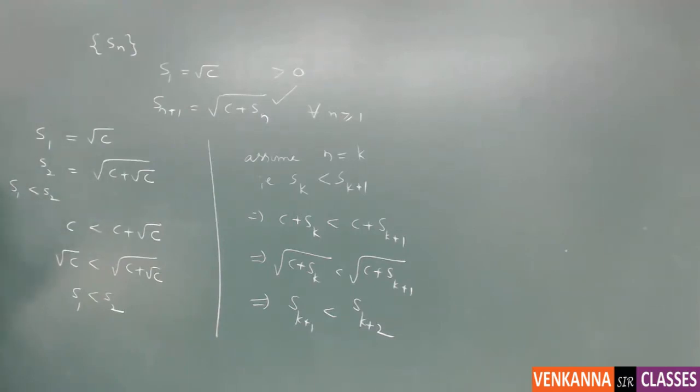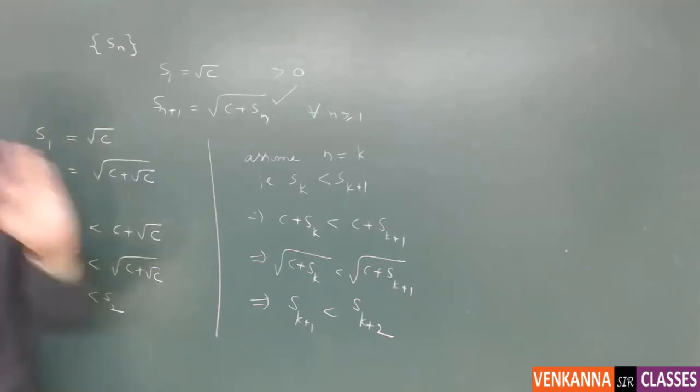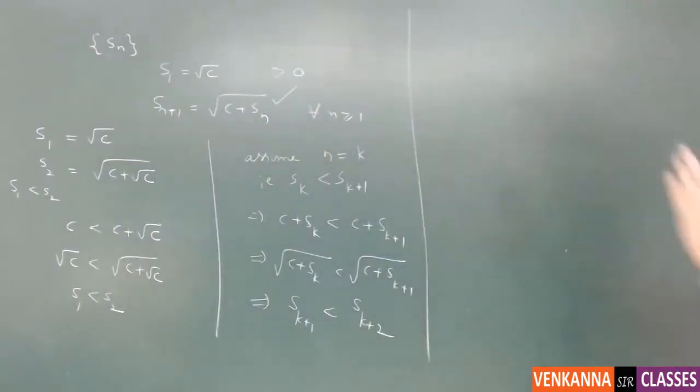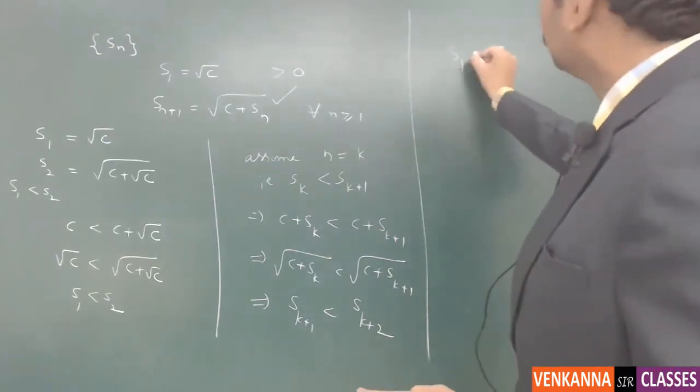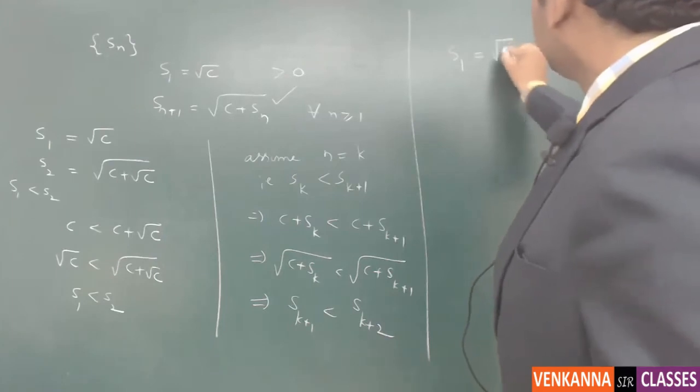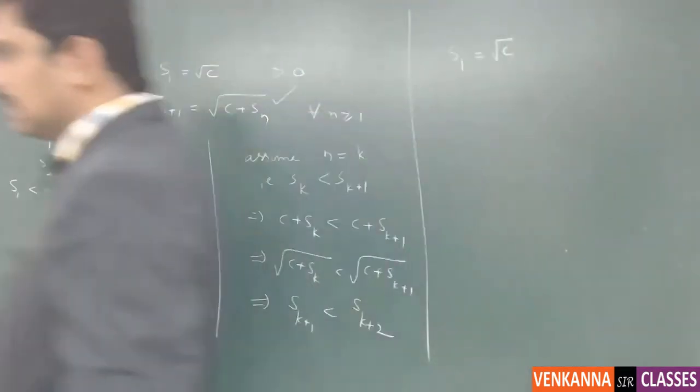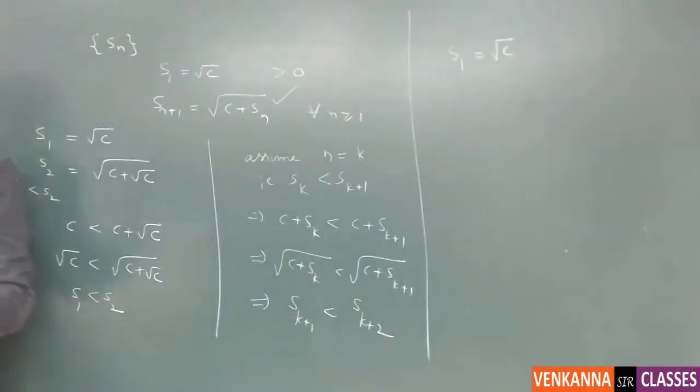Okay. Are you getting it? Yeah. Now I have to show that it is bounded. How to show that it is bounded? Let me say I have taken the first value. Now I need to say that every value in the sequence must be less than something.